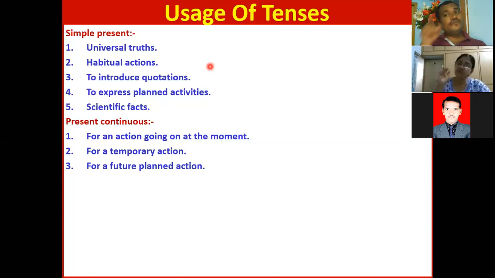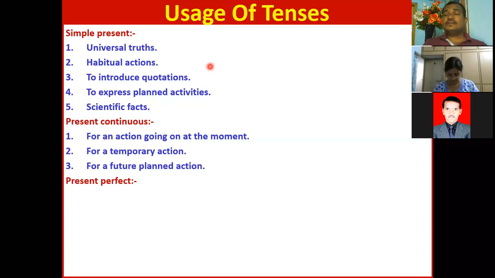Because a president is not a common man, not an ordinary man, there should be a proper plan, a proper future planned action. So in that case, we can mention that in present continuous. You don't need to bother about simple future or future continuous. Directly you can mention it in present continuous.